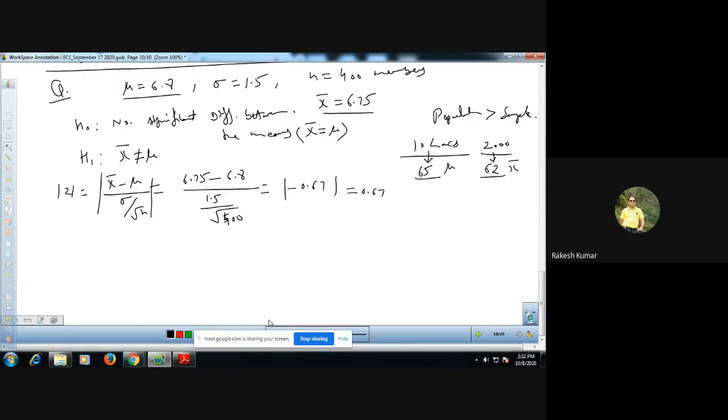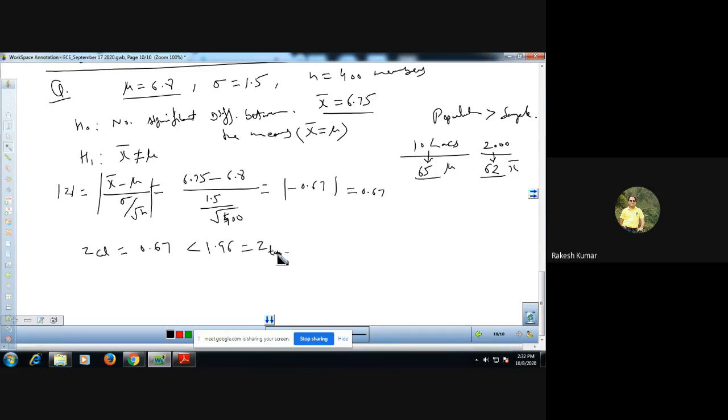But we should check because there is no level of significance given. So the standard level of significance is 5%. Z calculated comes out to be 0.67 and this value is less than 1.96. And what is this?